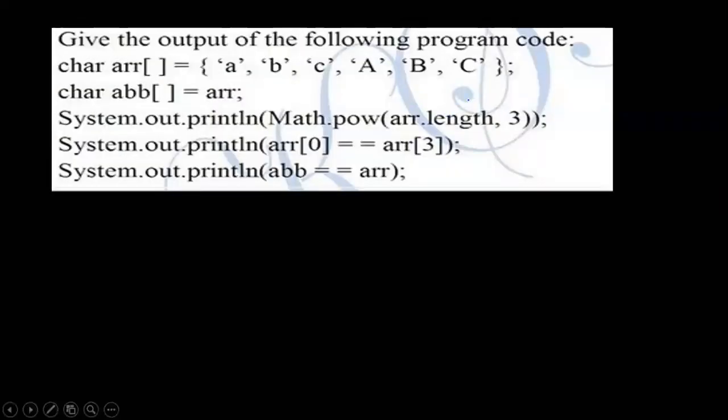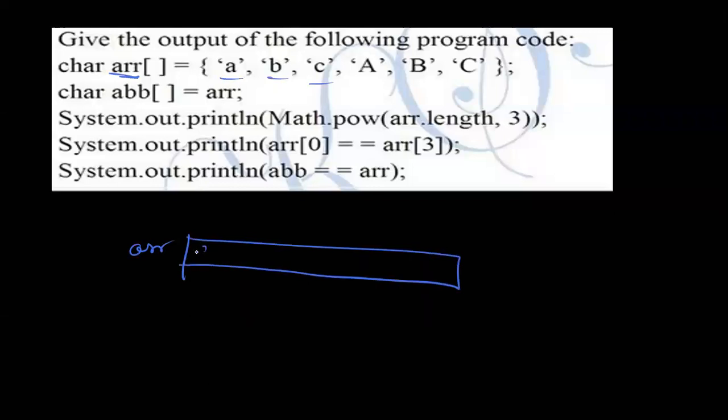Maybe this is the last question, we will see, or I will solve a few more questions. Okay, now you can see here, arr means a character array and a, b, c are the elements. You can create a layout like that with indexes.